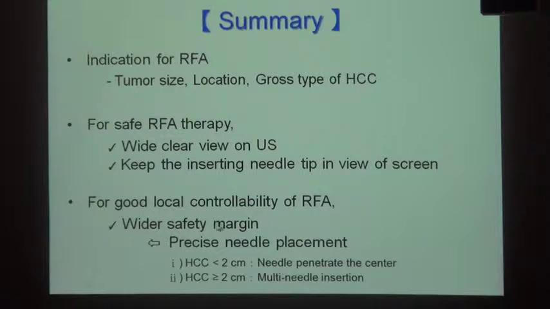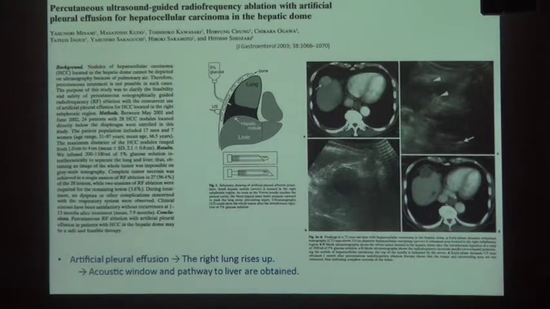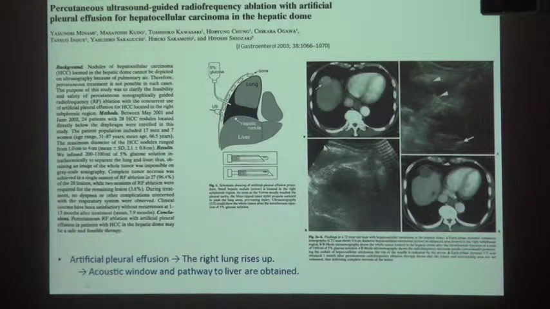A wider safety margin is produced by precise needle placement. So, how should we do RFA of HCC that cannot be detected on US because of pulmonary air? Artificial pleural effusion can make the right lung rise up, and after that, an acoustic window and pathway to the liver are obtained, and RFA can be performed.